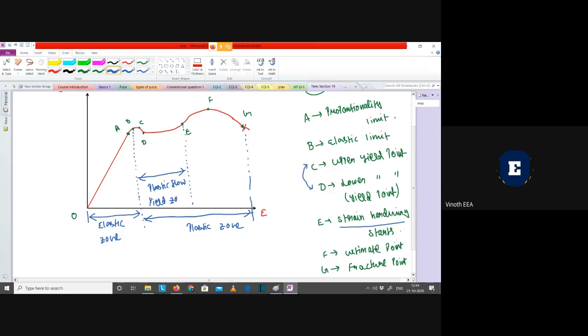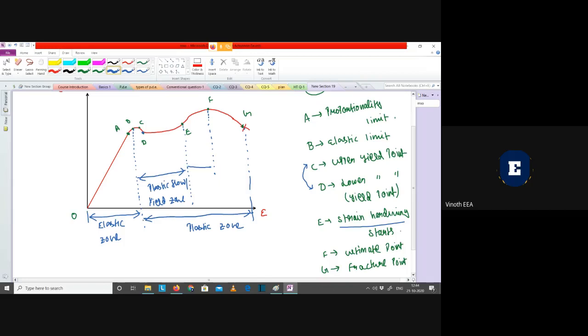Yield zone or plastic flow. Majorly this yield zone will be from D only, but these points B, C, D will all lie very close to each other.